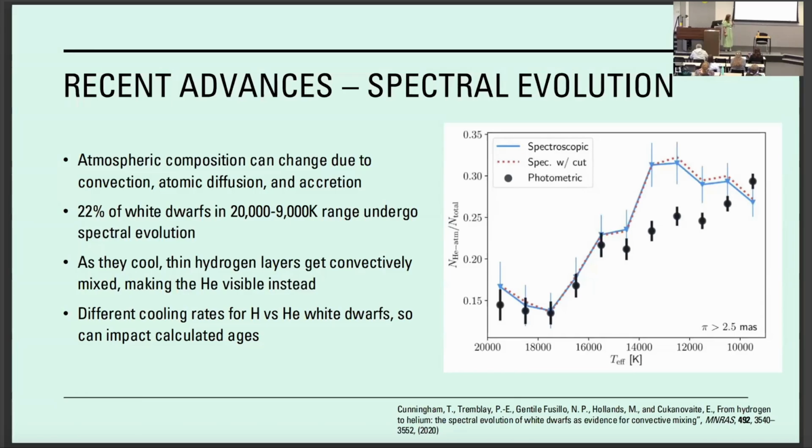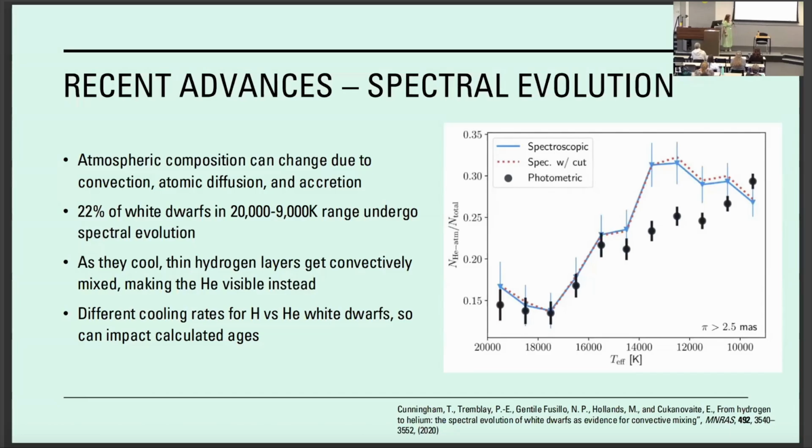And the issue is that as white dwarfs start to cool, any changes in convection, diffusion, accretion of other material can start to stir up the uppermost layers of the white dwarf's atmosphere, and effectively change its atmospheric composition, which means that we would have to recalculate all the models. The effect of this on ages of white dwarfs is very non-linear. It's not just a case of, oh, if it becomes helium, it's older. That would be too easy.